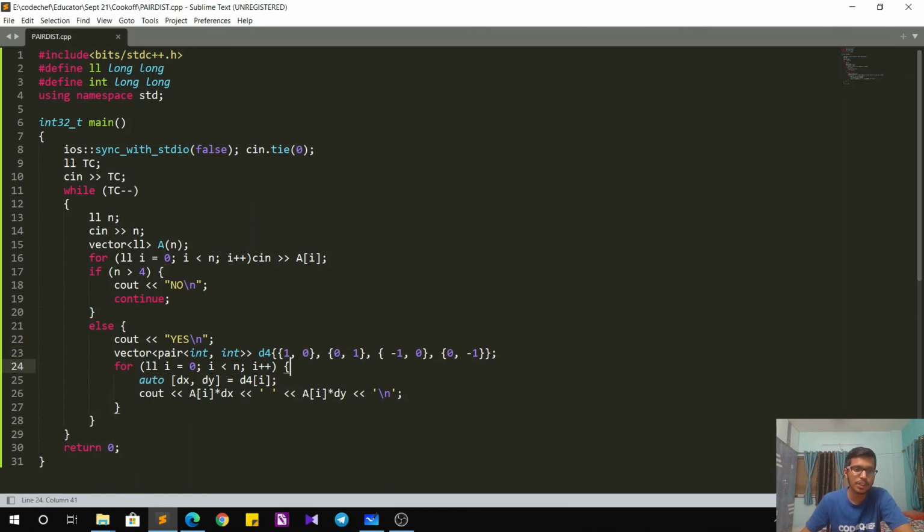So just output ai times dx and ai times dy, where dx comma dy is from this d4 array. Basically d4 represents the 4 directions along the axis: the positive x, negative x, positive y, and negative y. So that's it for this question. Whatever the number of points, that many of the first directions will be taken into consideration and used to output the points.